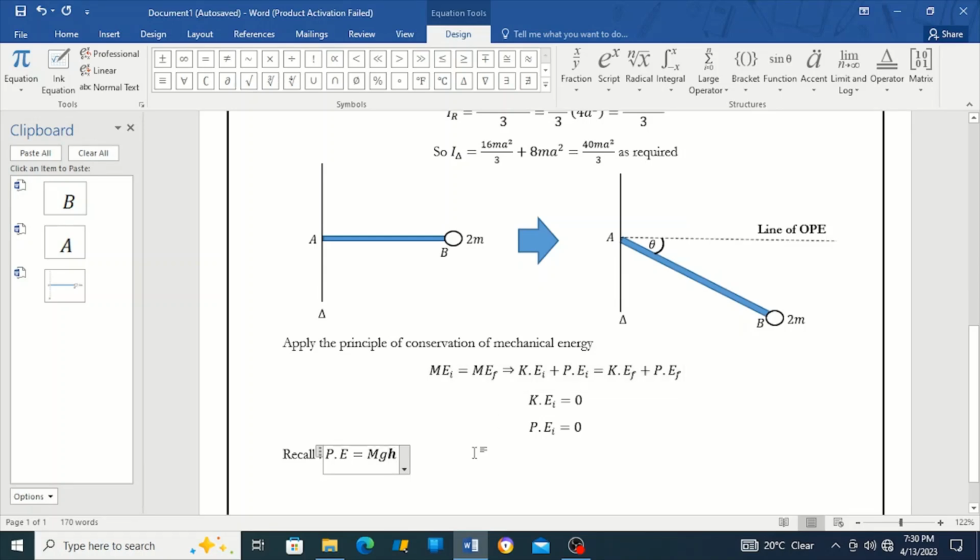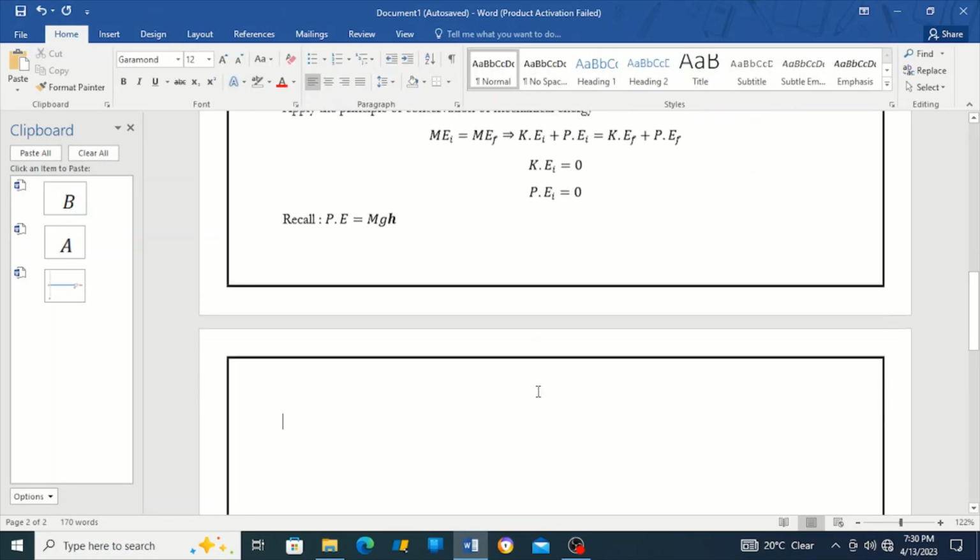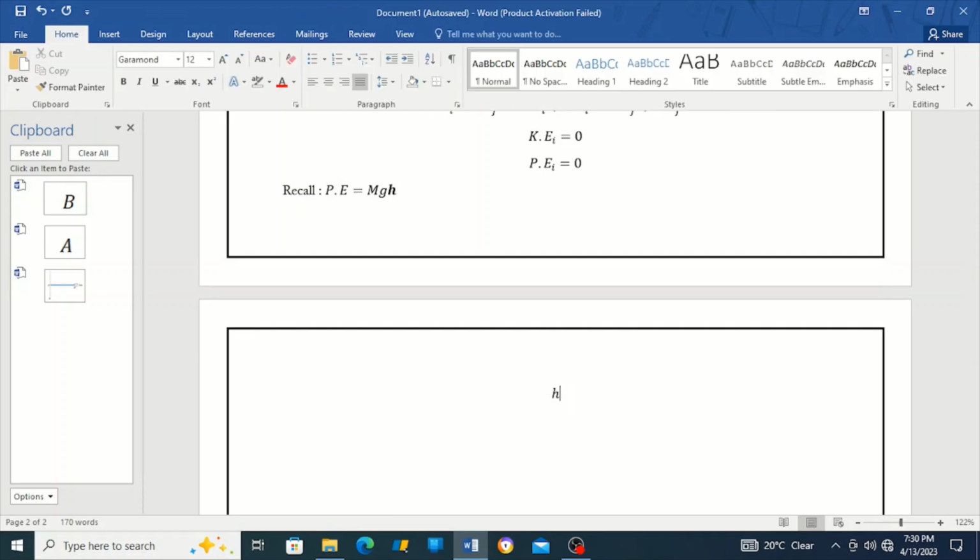I'm going to write it down so you get it clearly. So h is the distance of the center of mass of a particular body from the line of zero potential energy.